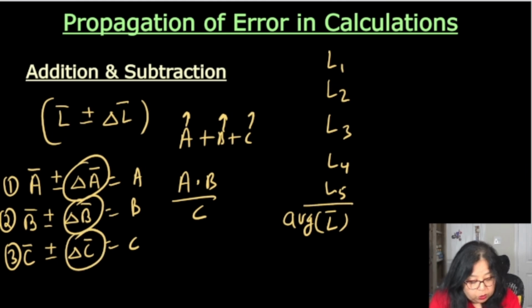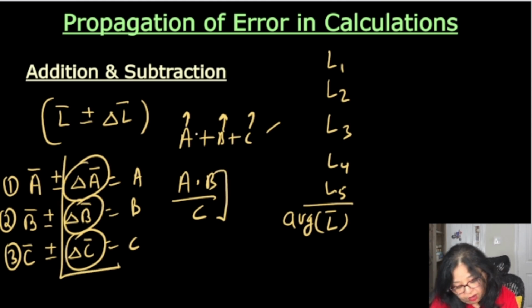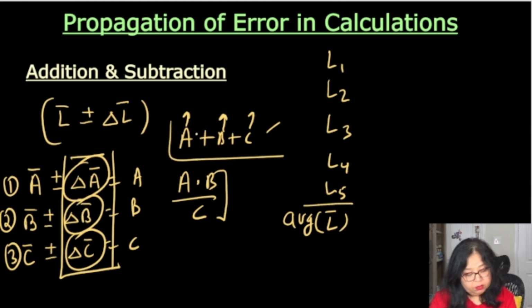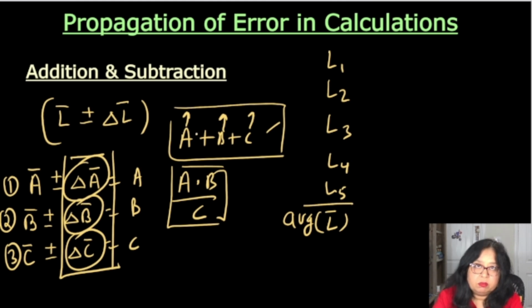Whenever we do calculations with A, B, and C, whether summing, multiplying or dividing them, the error in the individual values is going to propagate. It carries itself into the results of these calculations. How? Let's look at that.